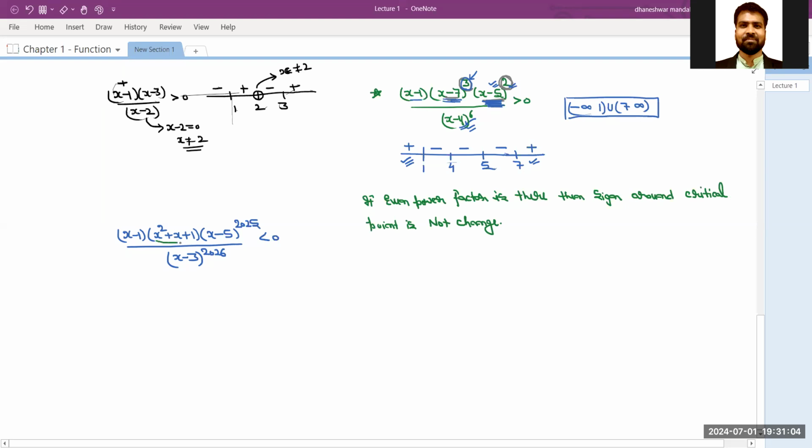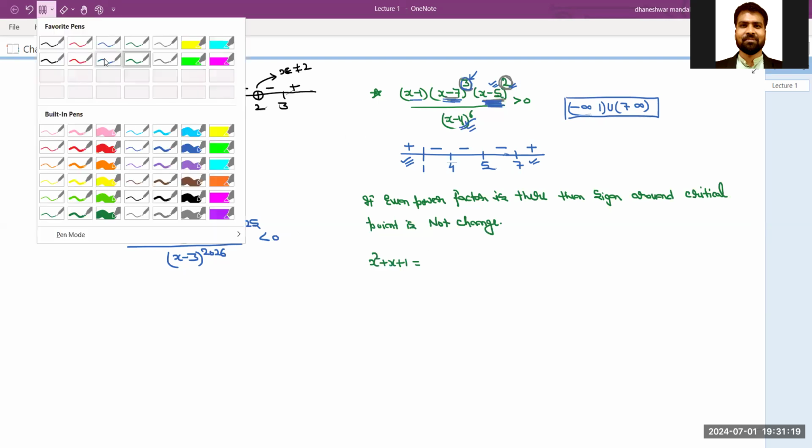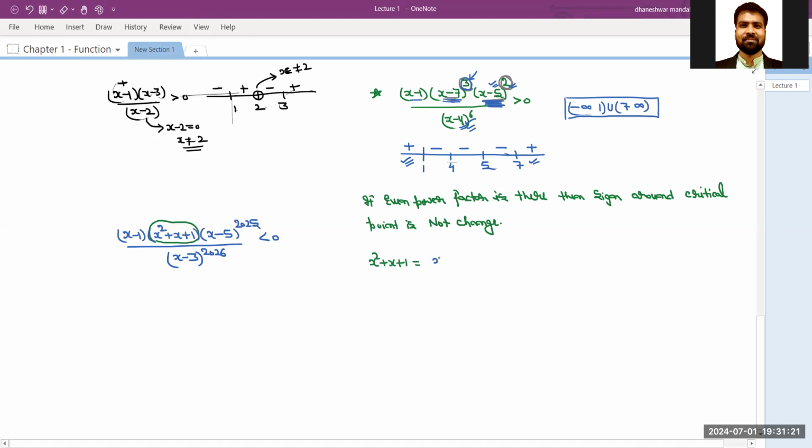Okay, let's see what is the sign of this term, x square plus x plus 1. Can I write this term in this way by making a perfect square?